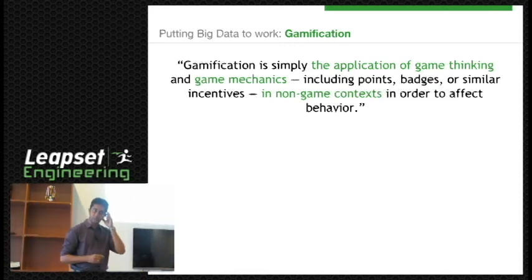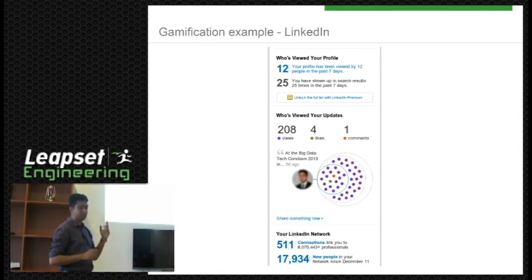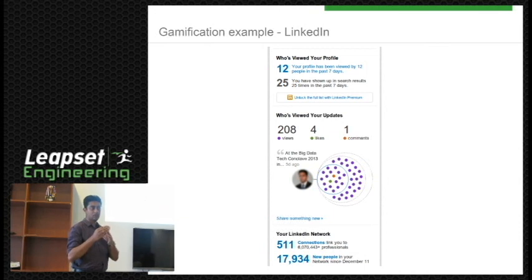Here's a good example. I think LinkedIn is one of the best sites that use gamification effectively. I recently posted a status update, and LinkedIn shows me how many people have viewed it. Here it says 208 views, 4 people have liked it, and there's 1 comment. With the circles you can see the first level of contacts that have viewed it, and the second level of contacts.